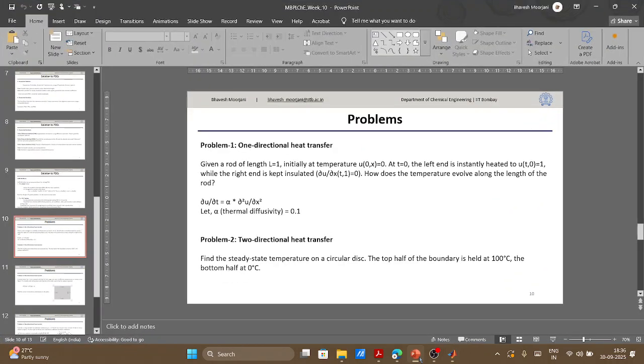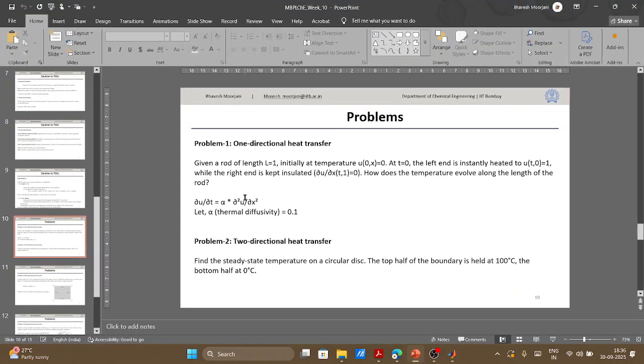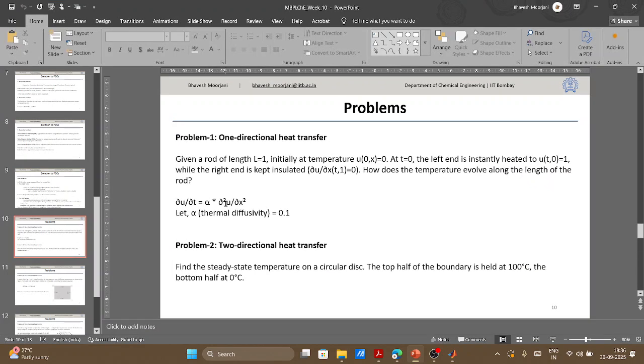So as you can see, this is actually a one-dimensional partial differential equation, because you have spatial variation with respect to only x, and then you have time variation as a first derivative, right?